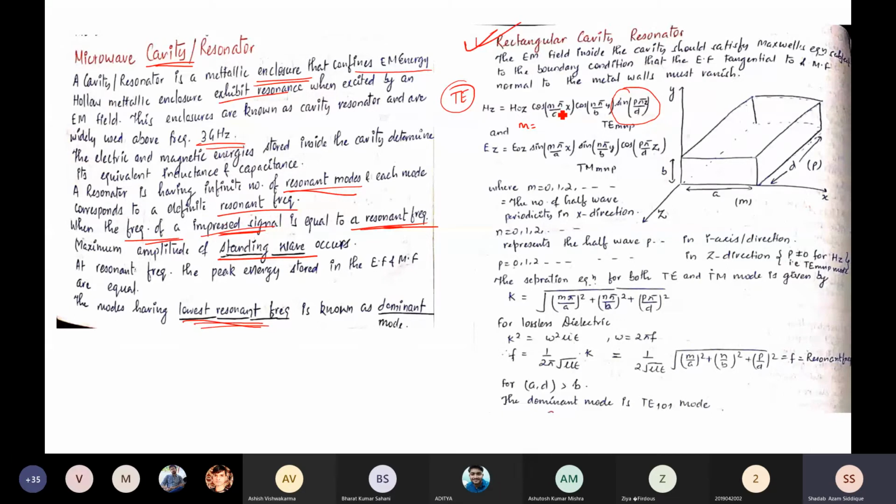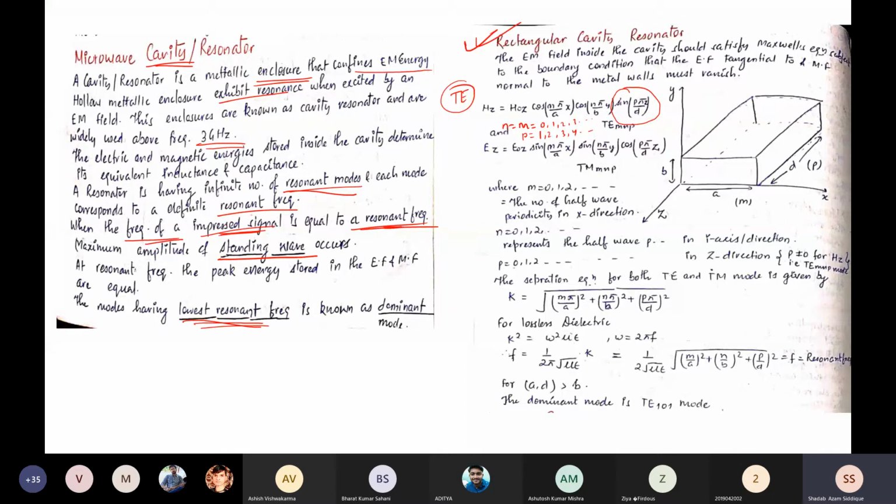But P should start from 1, 2, 3, 4 like this. You should remember this correlation which we have studied. M, N, and P here represent the number of half-wave periodicities in the X direction, Y direction, and Z direction.